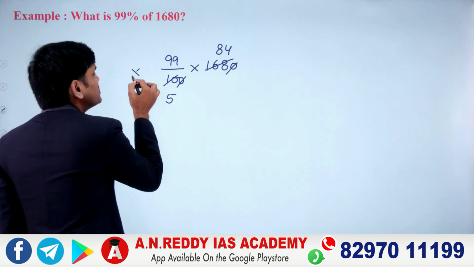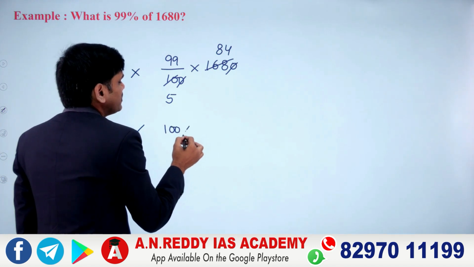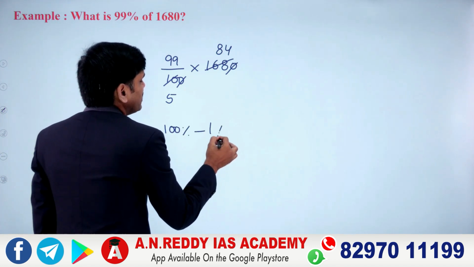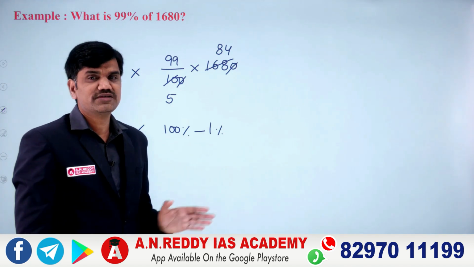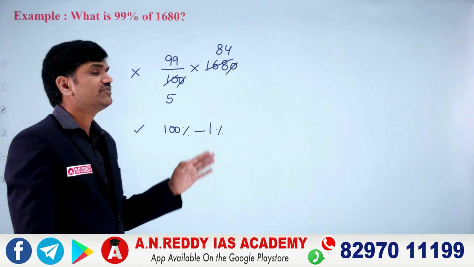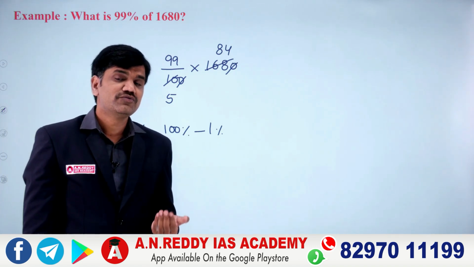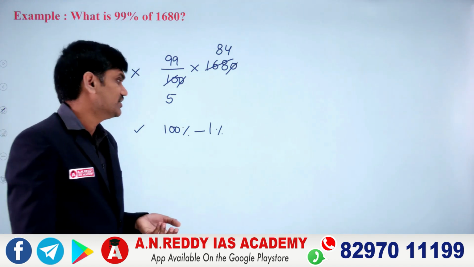So strategically this is not recommended. The best approach would be, you can simply think of that 99% as 100% minus 1%. For you to solve the problem by this method, first you have to understand how to take that 100% and how to get that 1% straight away. For that I will be showing you some tricks first, then I will take you to advanced calculations.